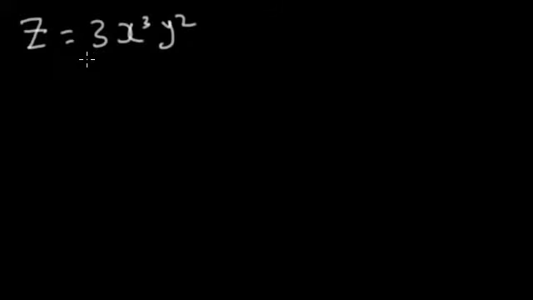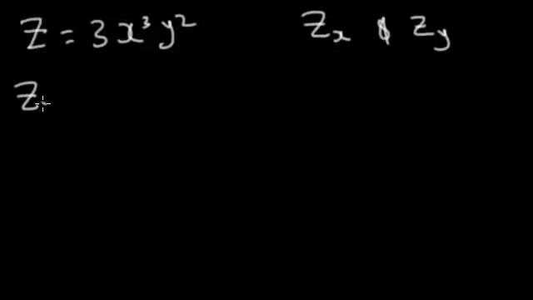And let's say you are required to find z sub x and z sub y, where z sub x represents the derivative of z with respect to x, and z sub y represents the derivative of z with respect to y. So, to get the solution to z sub x, the first thing you have to do is treat y terms as a constant by mentally bracketing them, taking the coefficient along.